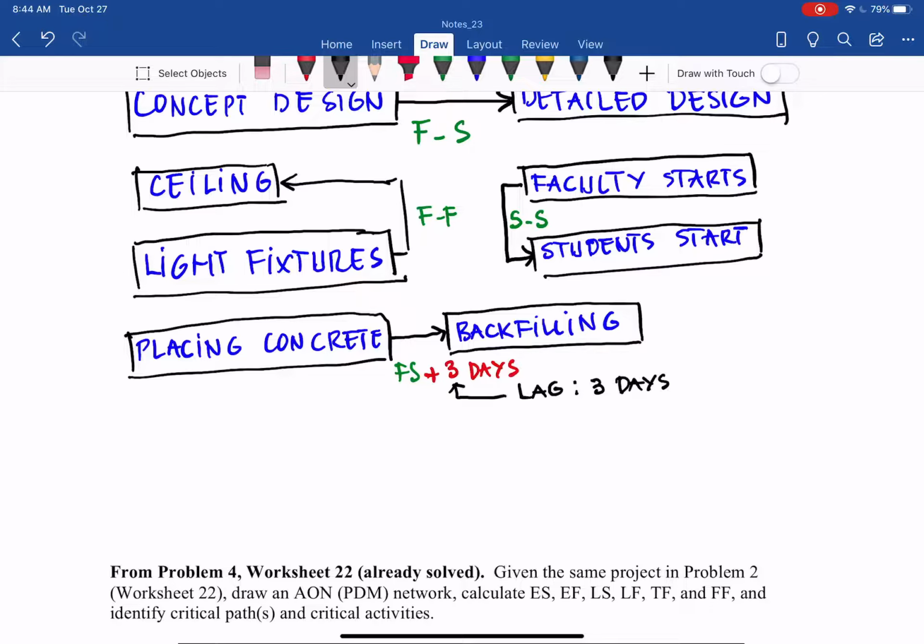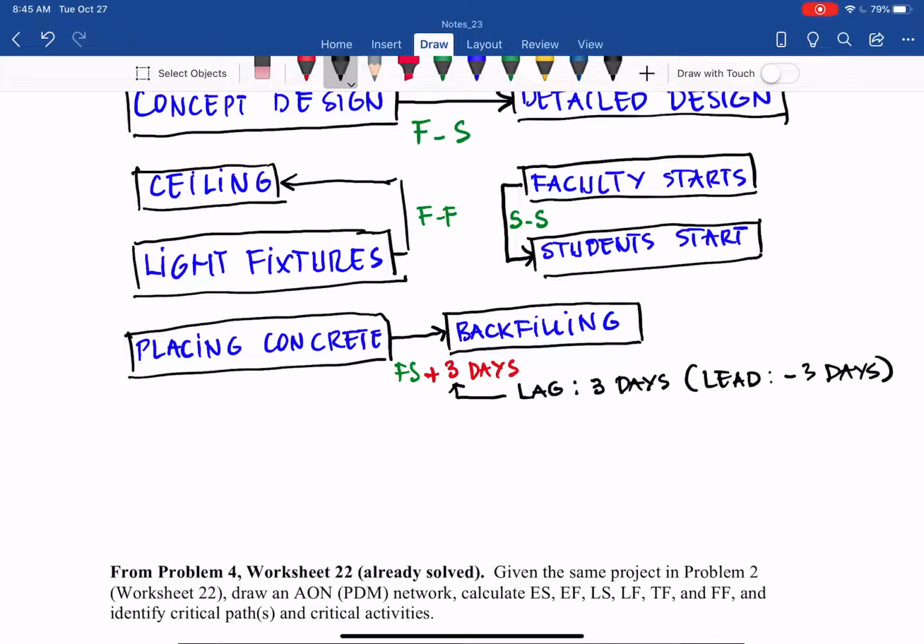And when it lags 3 days, we can also say that by definition, lead equals negative 3 days. So lead and lag are opposite. If it leads 3 days, lag is negative 3 days. If lag is 3 days, lead is negative 3 days. Make sense? So here we have to delay the start of backfilling 3 days after placing concrete.